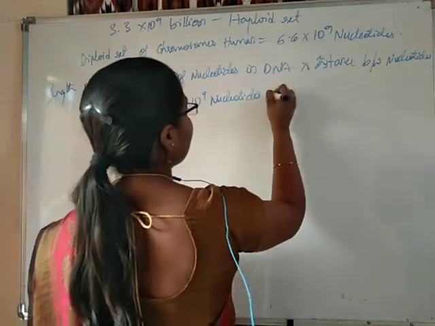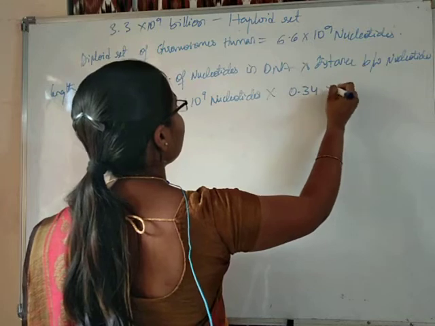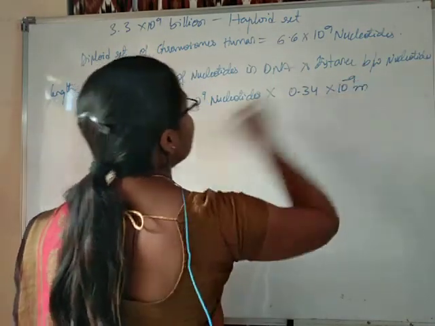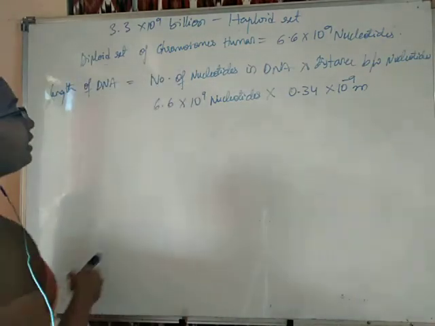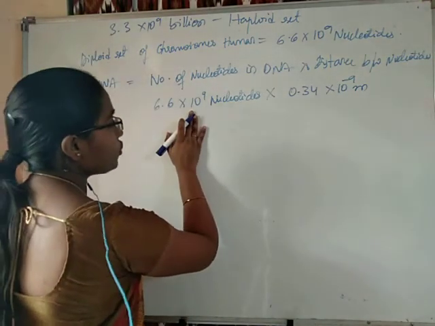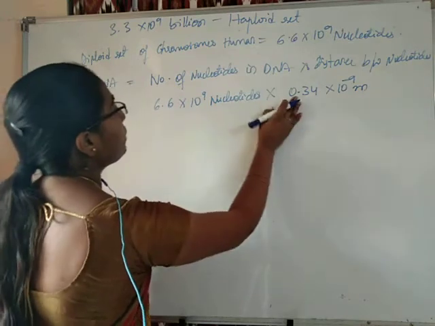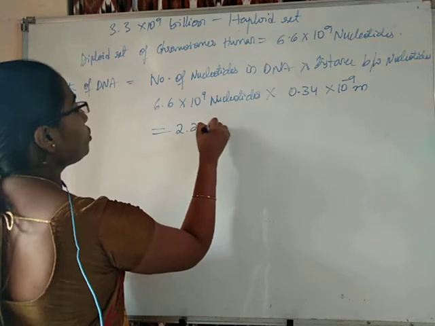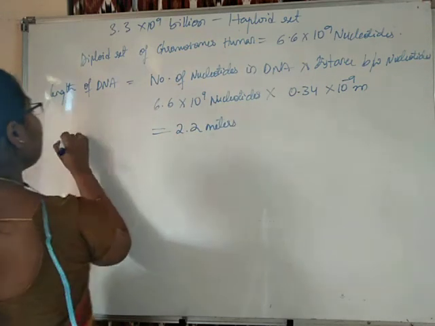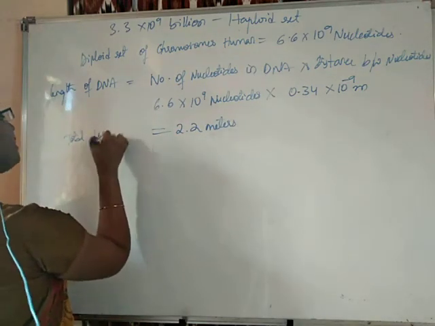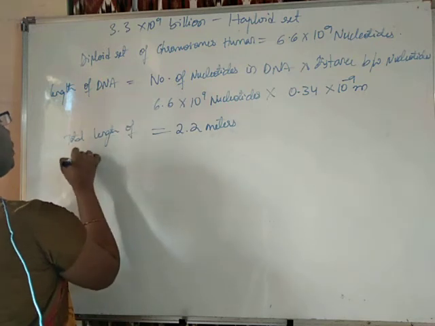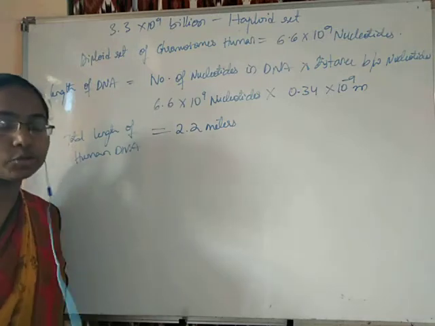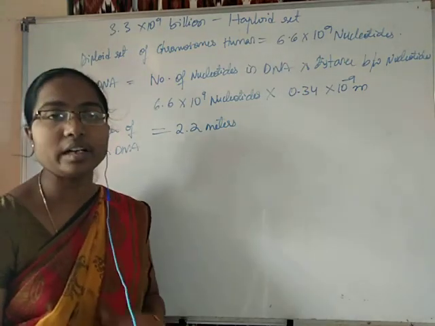The distance between nucleotides is 0.34 into 10 to the power of minus 9 meters. If we multiply 6.6 into 10 to the power of 9 by 0.34 into 10 to the power of minus 9, the answer will be 2.2 meters. So, the total length of our human DNA is 2.2 meters.